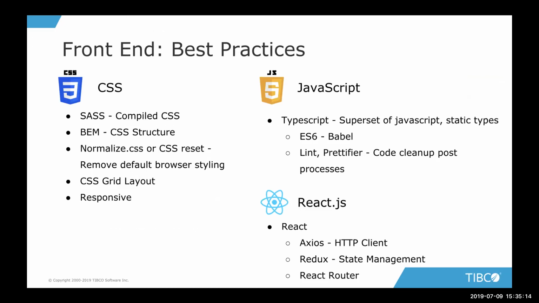So now let's talk about the front end best practices that we used to create this application. This is a good snapshot of modern front end web development. So let's talk about the styles, so CSS, the cascading style sheets.